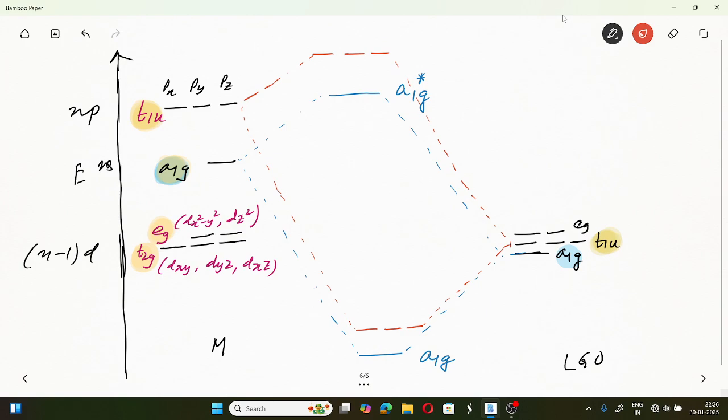So we can name them as T1U and T1U star. Okay.